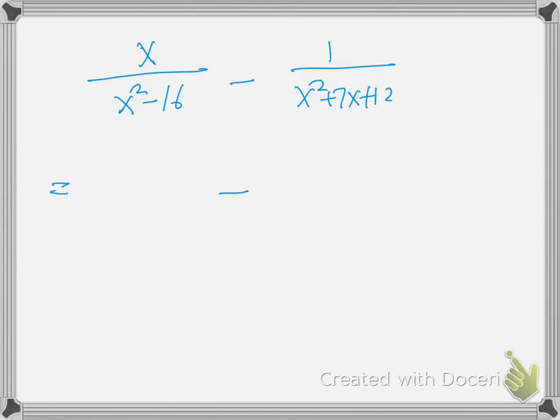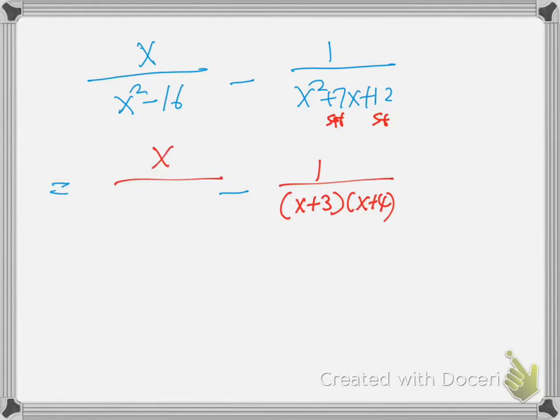Now we still use s and t, s plus t is 7, s times t is 12. Then we get the factorization of this denominator, x plus 3 times x plus 4. That's denominator 2. So what's denominator 1?